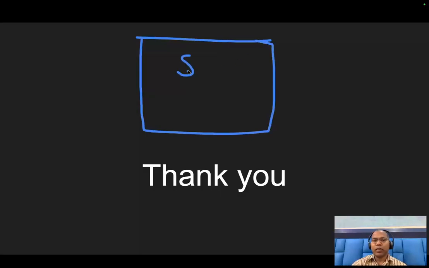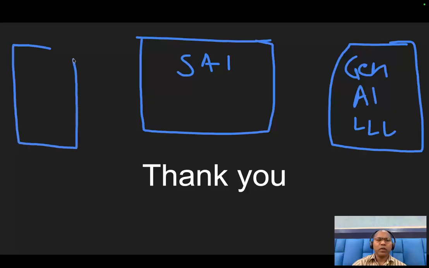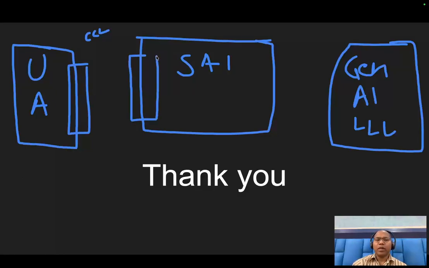This is your Spring AI, this is your generative AI LLM, and now your user application. The user application is internally taken care of by your chat client library, and the chat client library is part of your AI ecosystem.